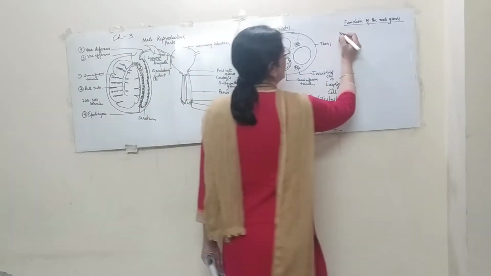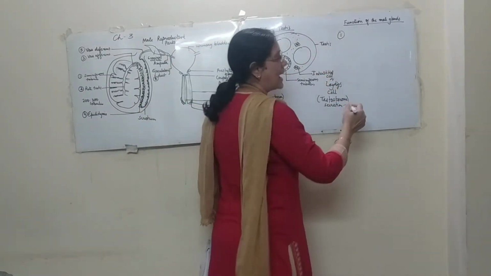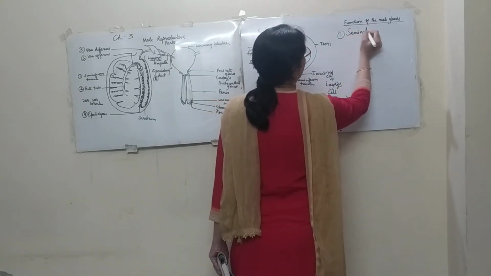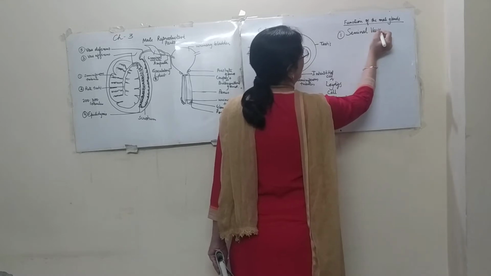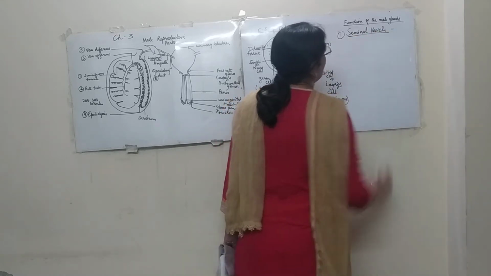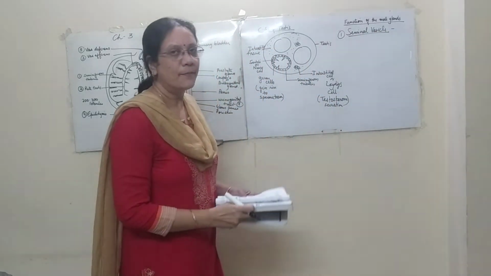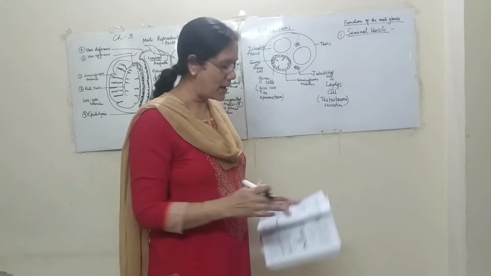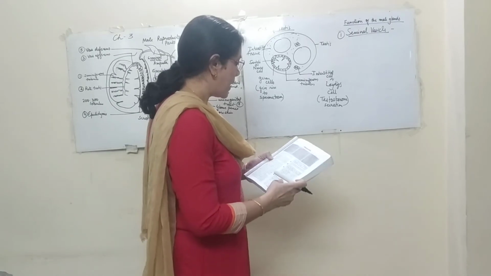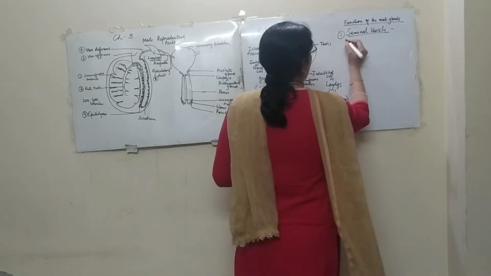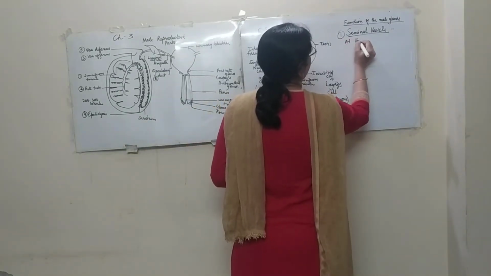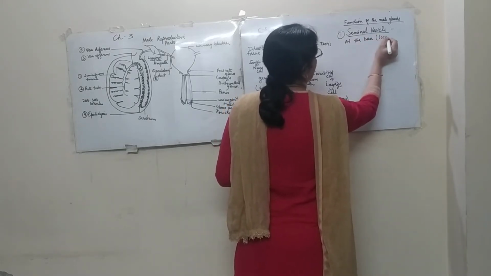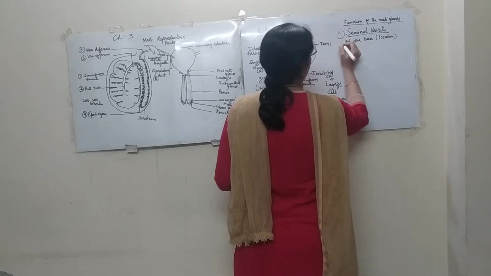The first accessory gland that we have studied is the seminal vesicle. The seminal vesicle is located adjacent to the urinary bladder, at the base. That is the location, at the base.